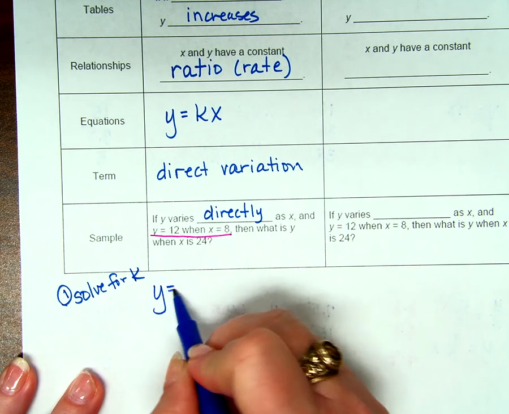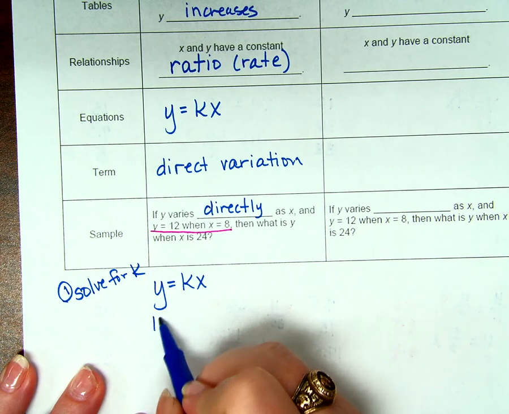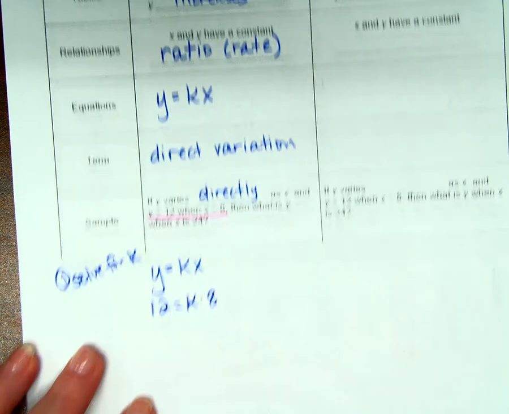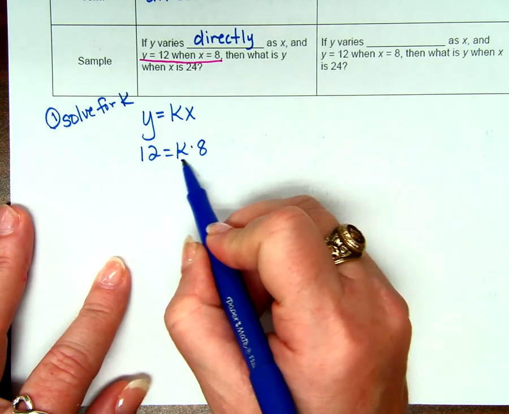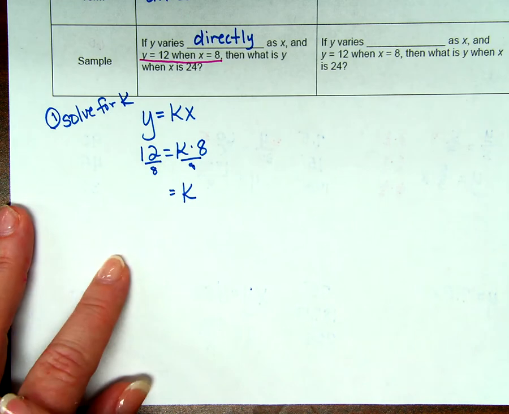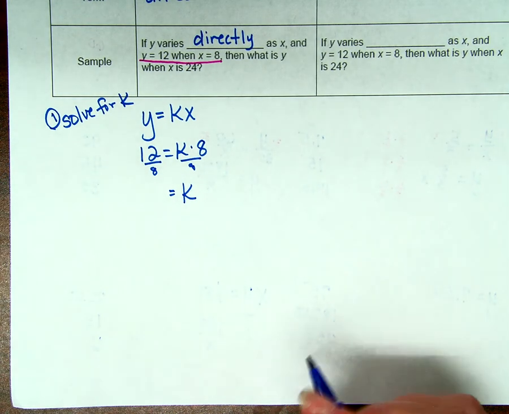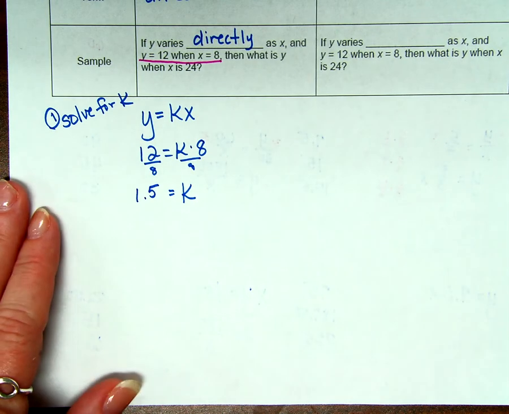So y equals kx is what I start with. I know y is 12. I know x is 8. How do I solve for k? Good. Divide by 8. What is 12 divided by 8? So 1.5. Are you okay with that?